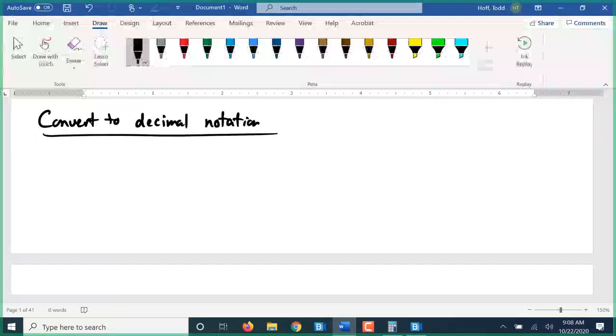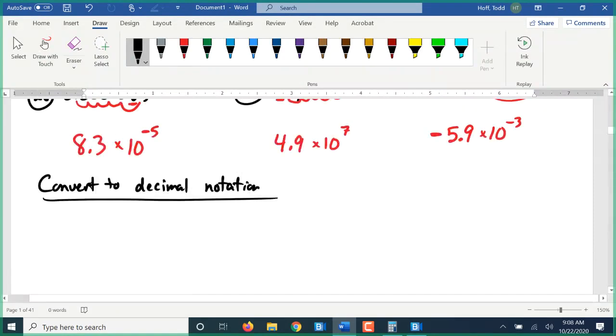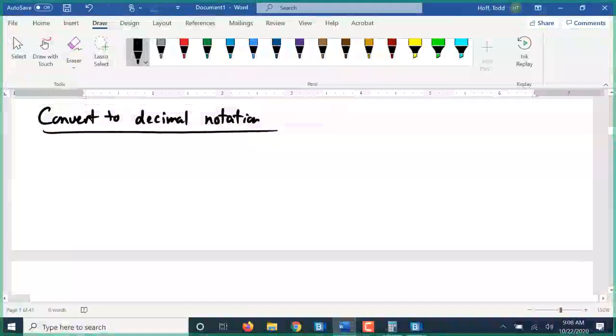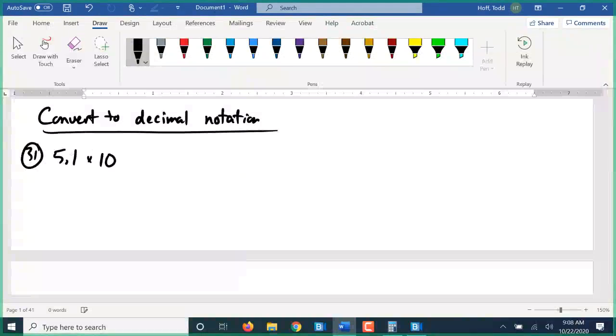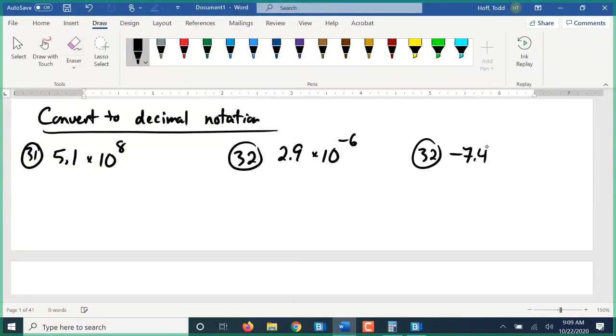I'll have you convert each of these: 5.1 times 10 to the 8th, 2.9 times 10 to the negative 6th, negative 7.4 times 10 to the 5th. We'll go over those in just a second.